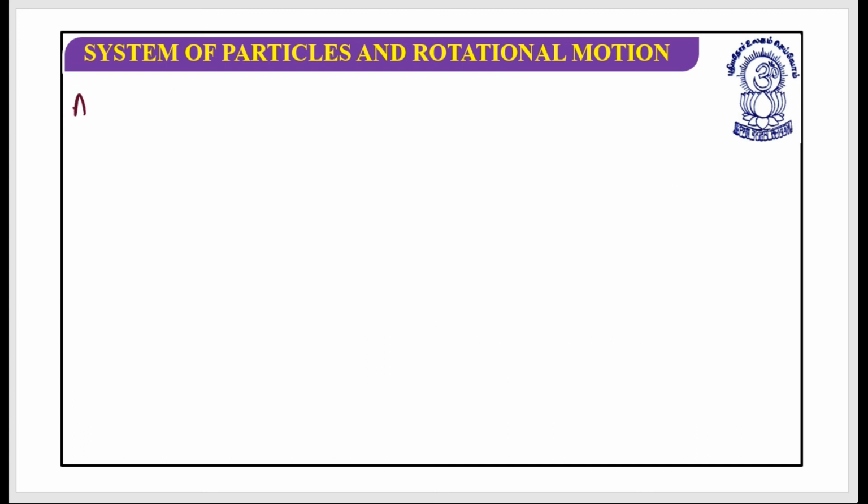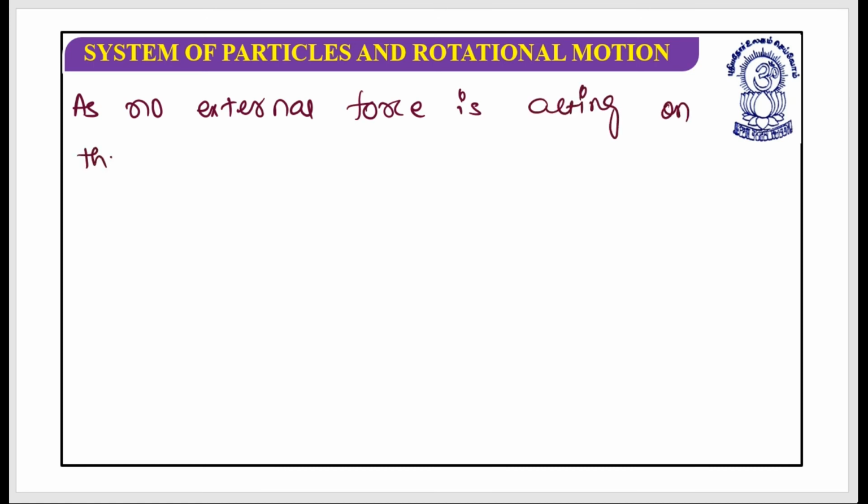Now I can say that as no external force is acting on the system, initial momentum should be equal to final momentum.